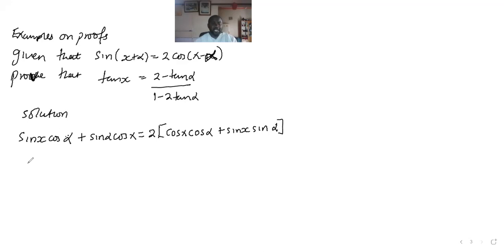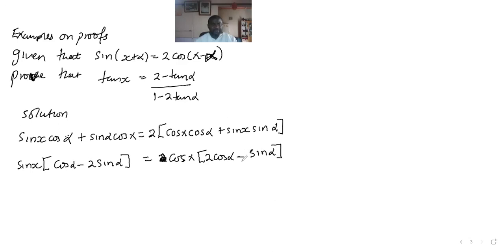Like terms of cos and like terms of sine. So for example, sine of x times cos of alpha minus 2 sine of alpha is going to be equal to cos of x times twice cos of alpha minus sine of alpha.